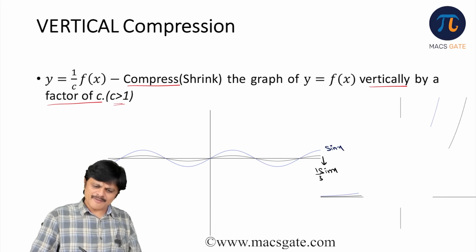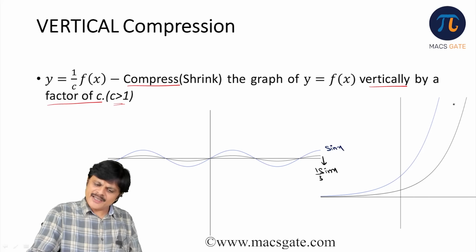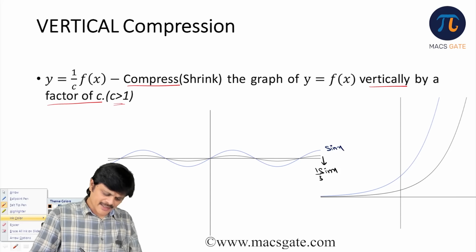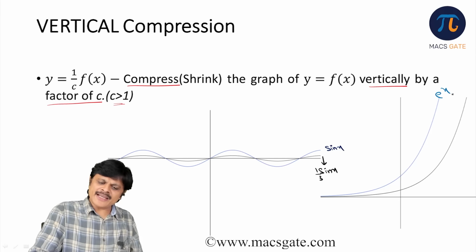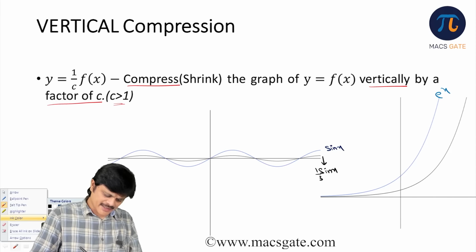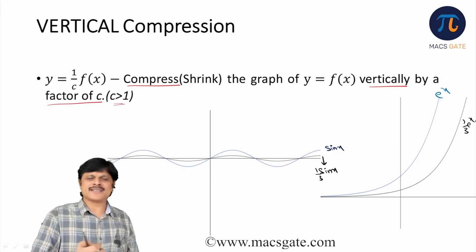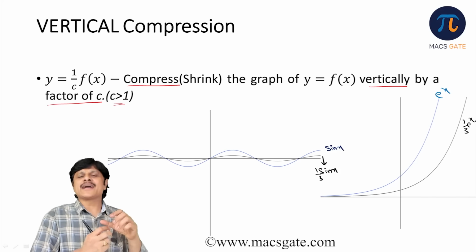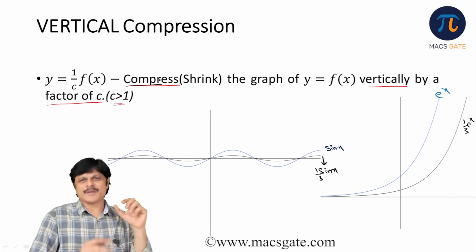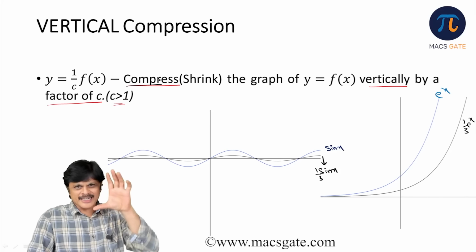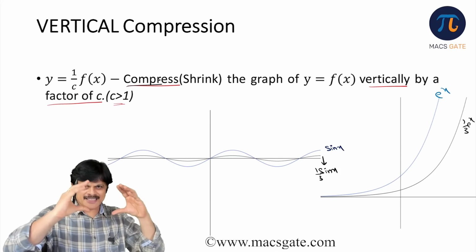The same example for e power x you can also take. The blue one is your e power x, and the black one is 1 by 3 times e power x. Vertical compression is going to happen. The graph is compressed vertically.